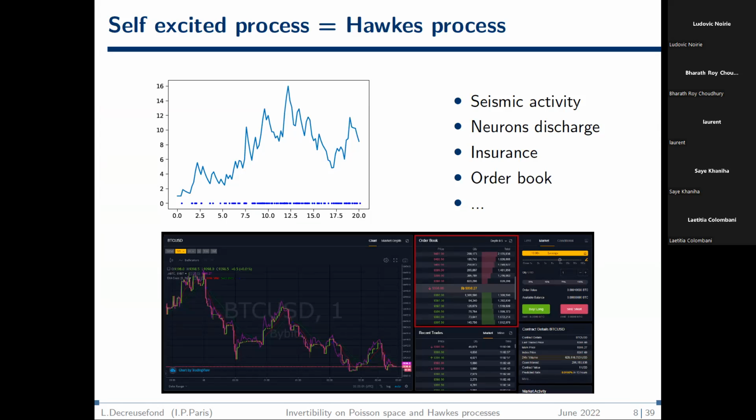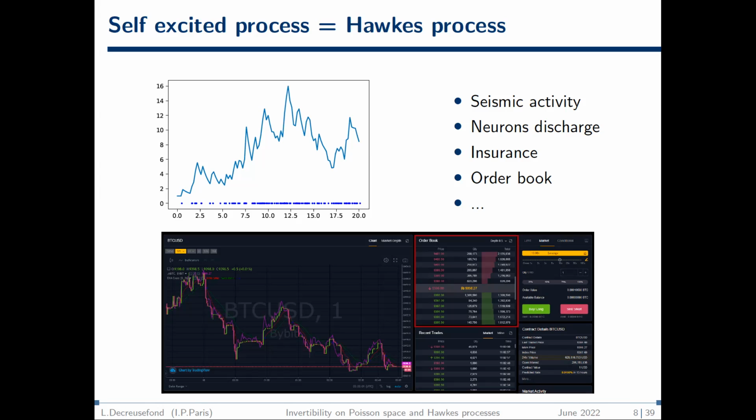So what is a Hawkes process? Hawkes processes were introduced by Hawkes, H-A-W-K-E-S. It was at the beginning to model seismic activity. That means when you have a first earthquake, the earthquake generates some replicas.